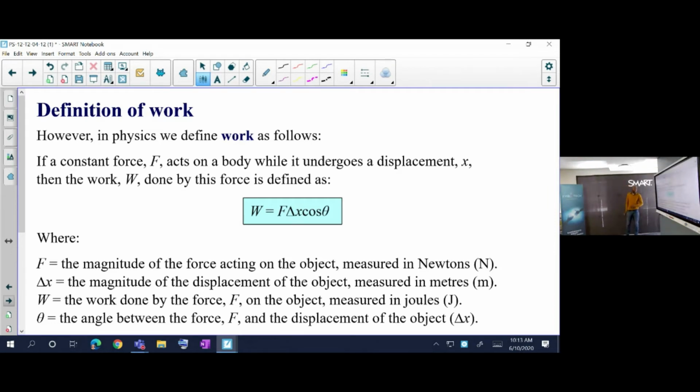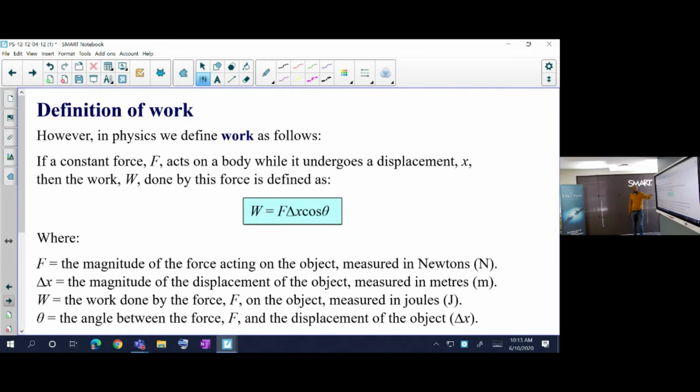Okay, then the work is going to be denoted by capital letter W, done by this force, and is defined as follows. This equation here is a mathematical equation. You are going to come across this at the end of the year, at the back of your question paper.